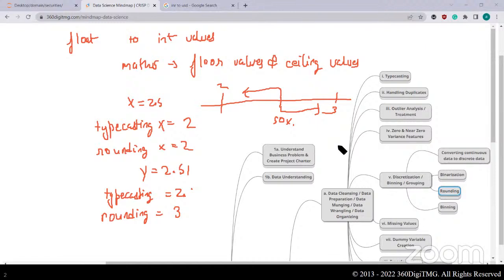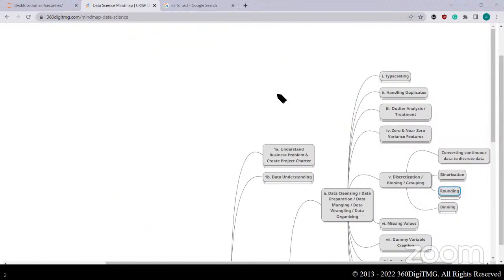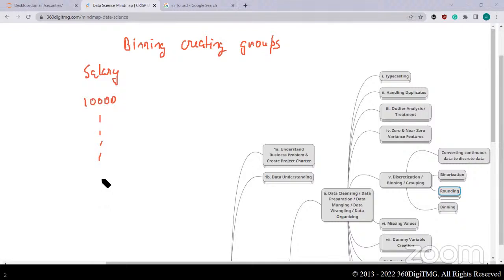And finally, you have binning. Binning means creating groups. Okay. So binning means creating groups. You're creating groups within the data set. So again, going back to our salary example, you have 10,000 to 1 lakh.